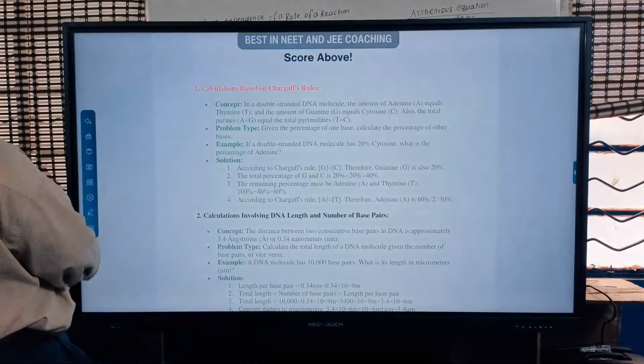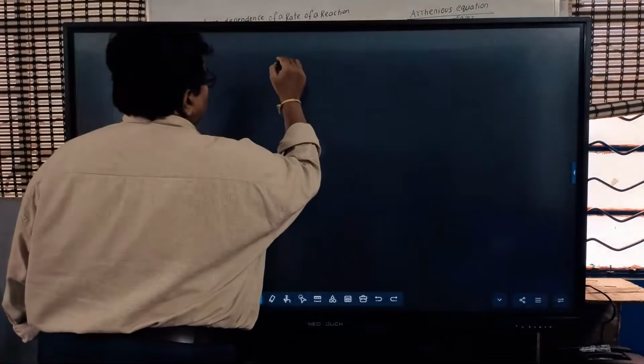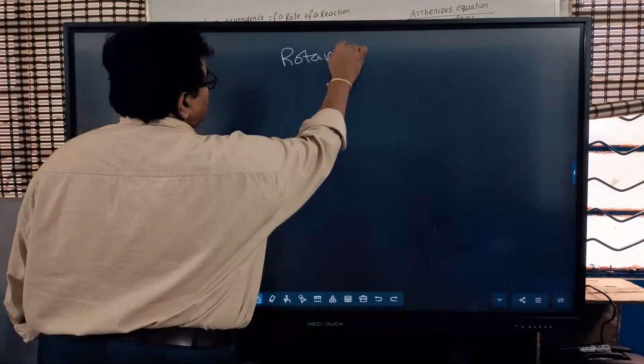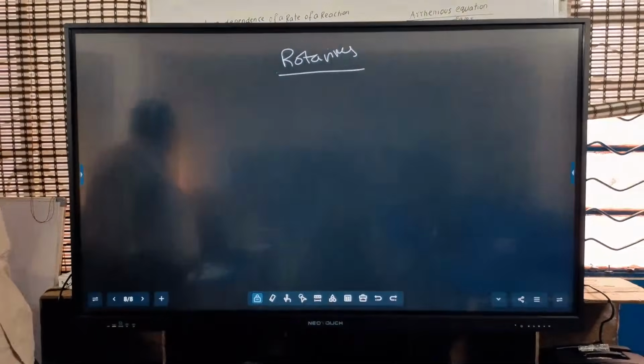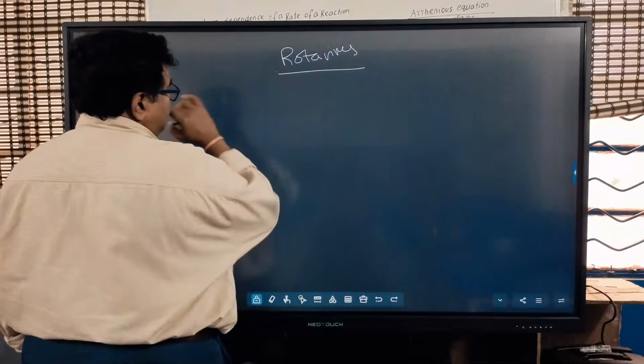Let me calculate. You take rotavirus. What virus? Rotavirus. Okay.